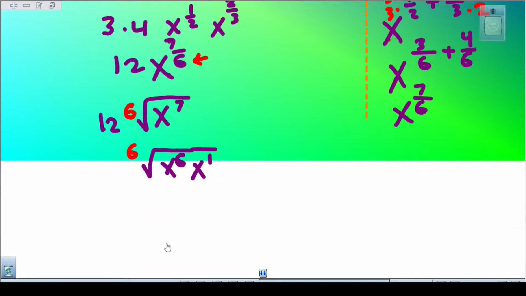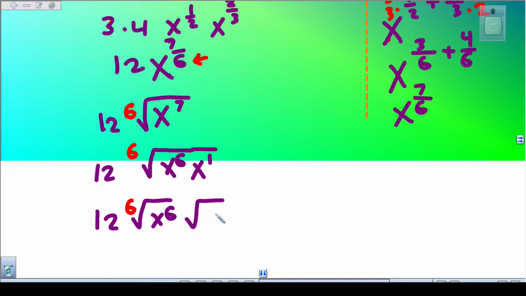Well, let's keep going here. The 12 did not change, by the way. The 12 is just going to remain the way it is. So now again 12. This one I could break down further. So it's going to be x to the 6, but I do have the 6th root here, times x to the first, or you could just put x by itself, and then you have a 6 here.